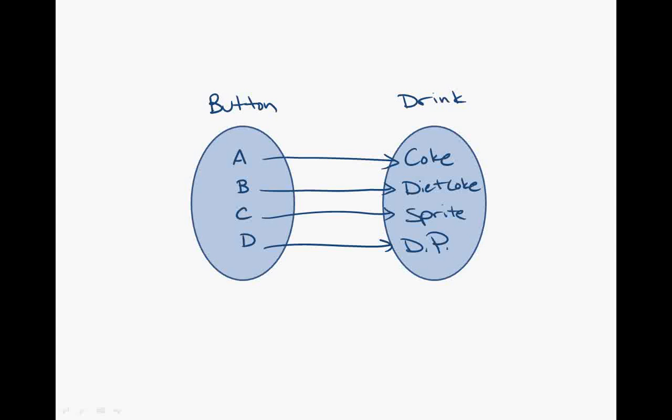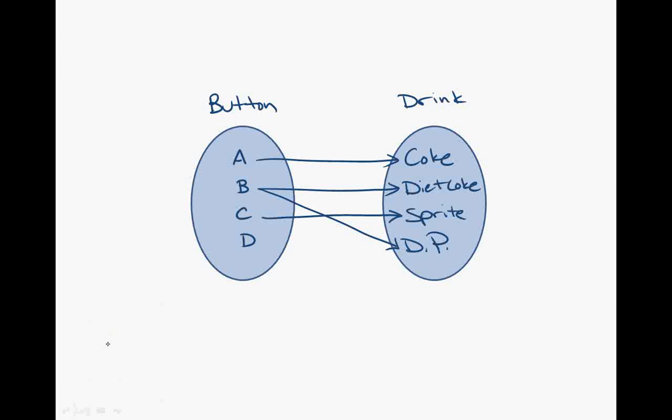So let's pretend that maybe we mess with the wires a little bit. And the wiring of the Coke machine looks like this. Do you notice anything wrong with this Coke machine in the way that it's wired?